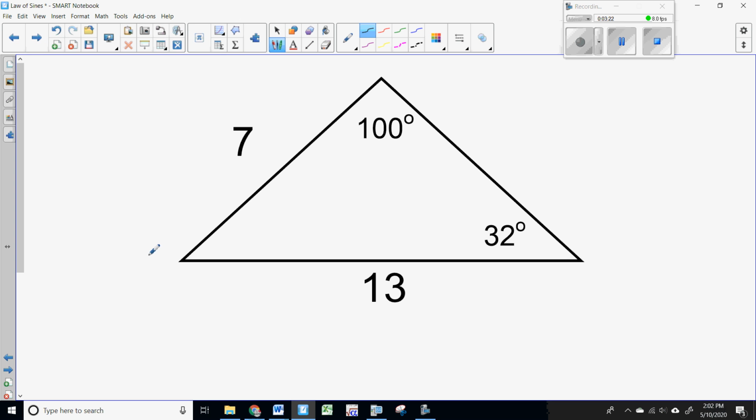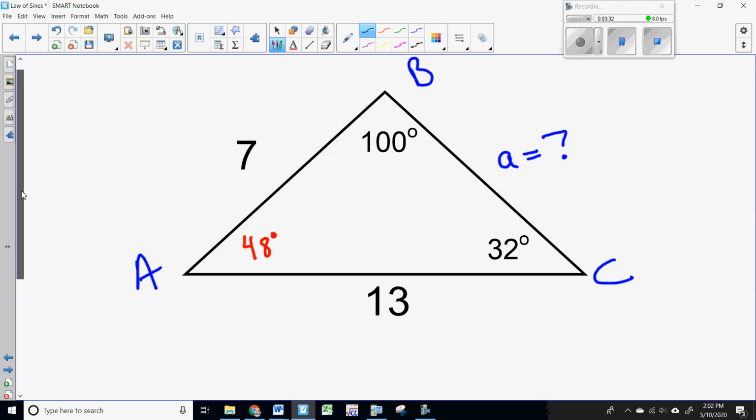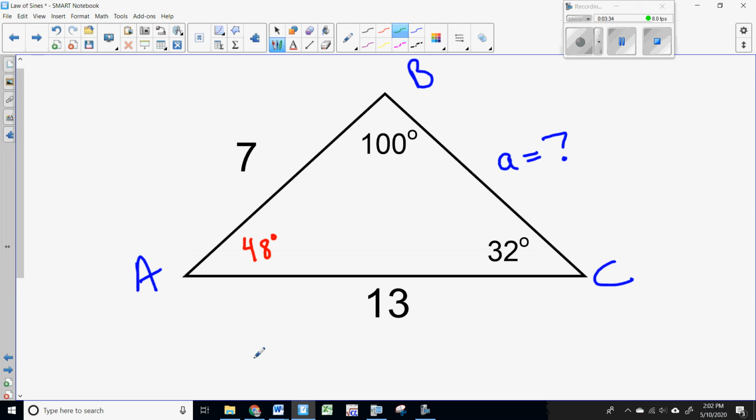So let's go back to this one. And I'm going to label these. We labeled them as A, B, and C that way. So what this says is we have the sine of A, which is 48, over A is equal to, and I could use either one of the other two.